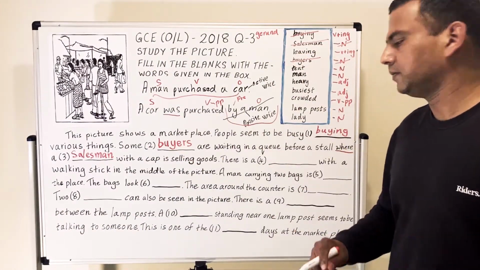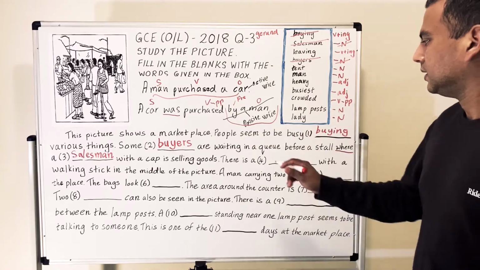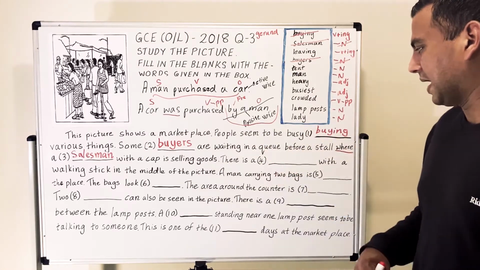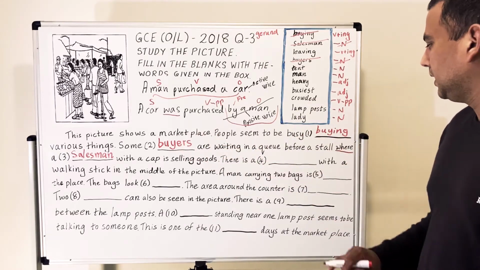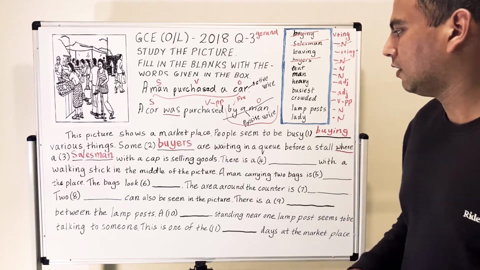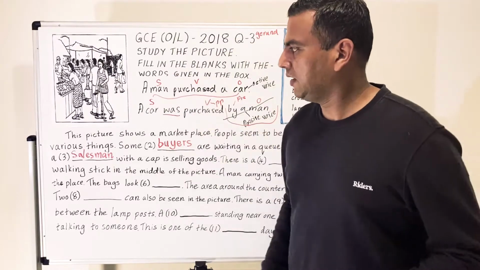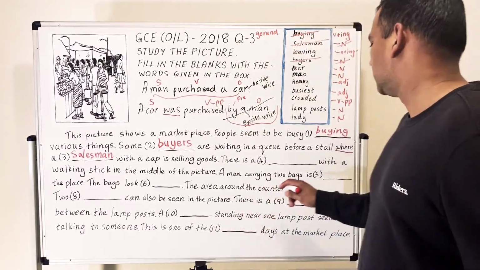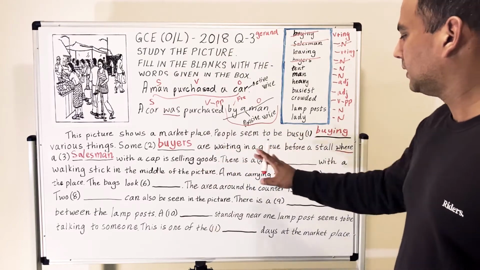So let's then look at the sentence that comes after that, with the fourth blank. There is a blank with a walking stick in the middle of the picture. If you look at the middle of the picture, who can you see? You can see a lady with a walking stick. Okay, so again there is another active voice sentence.